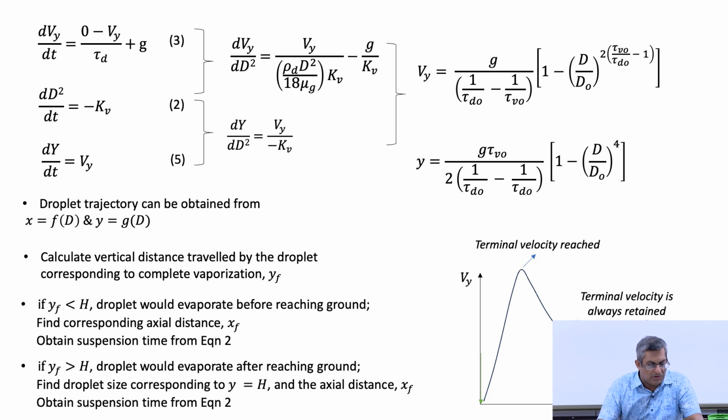So the rate of change of velocity divided by this time step delta t is equal to whatever term here you have, that is evaluated at time t. So the only unknown here is the velocity at t plus delta t. So it is possible to write a simple, let's say, MATLAB or Excel code to evaluate this.